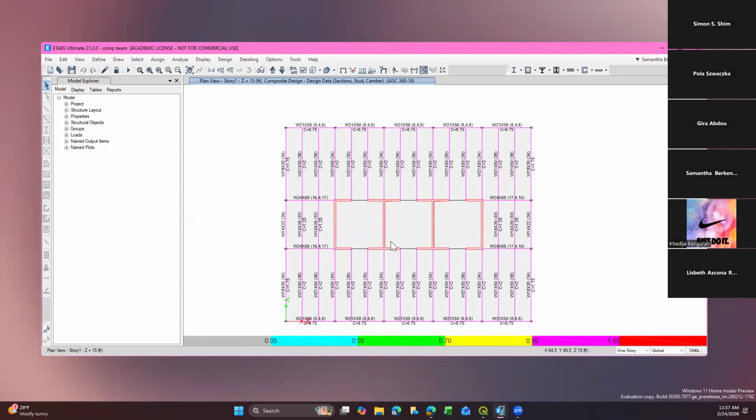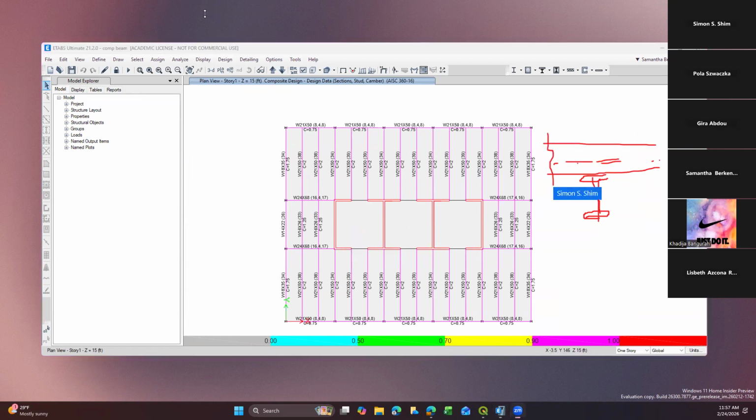The one thing you need to be aware of, because I'm sure you guys learned beam design in the steel class. I think we probably learned the unbraced length, right? Unbraced length L sub b. So the beam is spanning from here to here, right? If we don't have any bracing, this beam's unbraced length is as long as 45 feet.